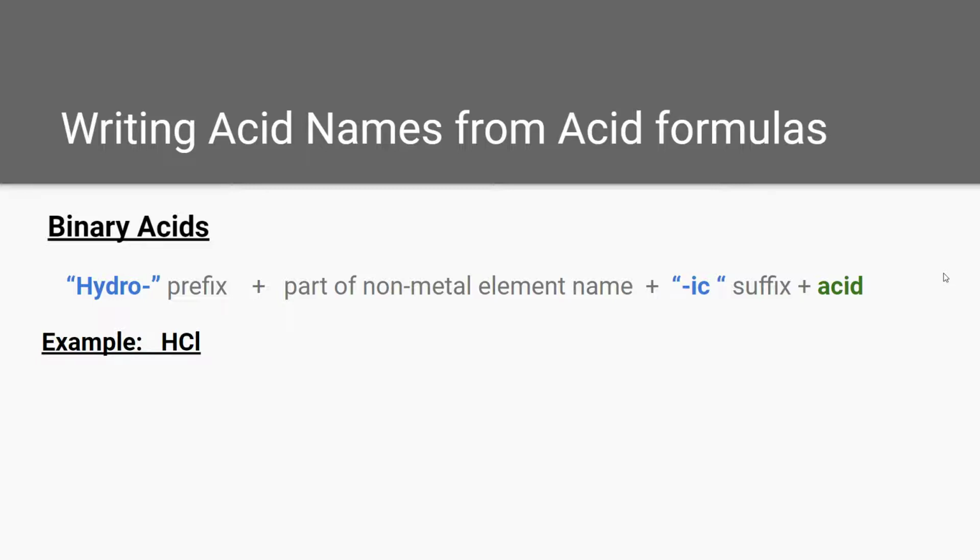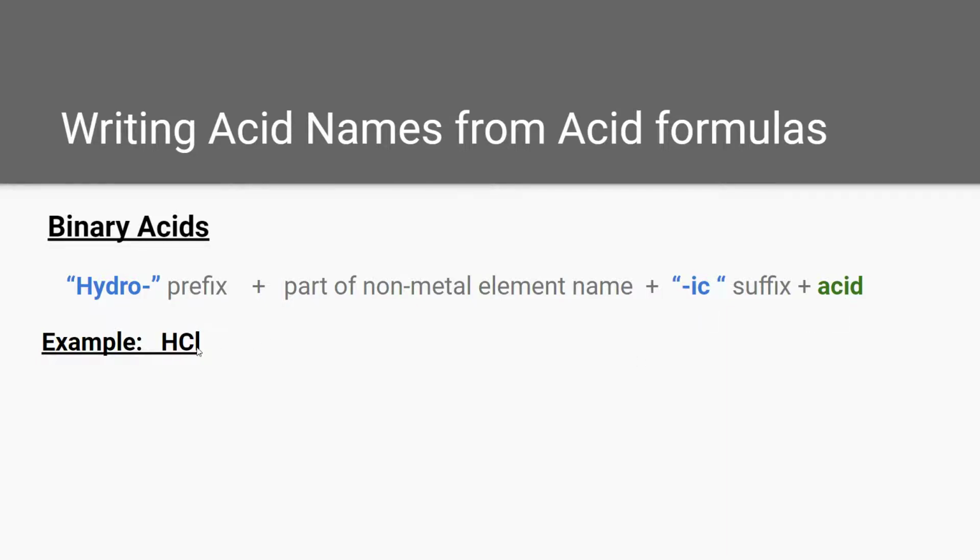When you're naming a binary acid, like the example given, HCl, the procedure would be to look up your nonmetal's name, attach a hydro prefix to the nonmetal name, then attach the "ic" suffix to the nonmetal name, and then add the word acid.